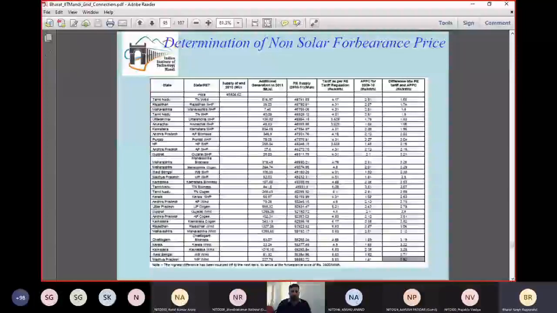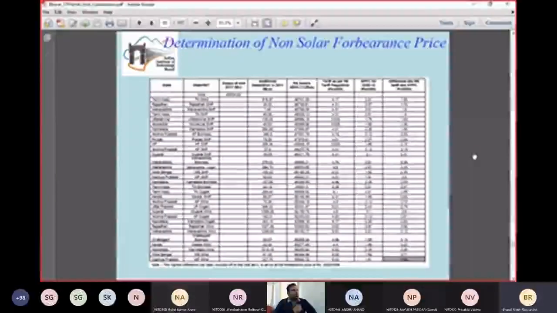Then the fifth column is the renewable energy supply based on the cumulative addition of these sources. The sixth column is the tariff as per the renewable energy tariff regulation, known as the preferential tariff. The second last column is the average power purchase cost, and the last column is the difference between the tariff and the average power purchase cost.